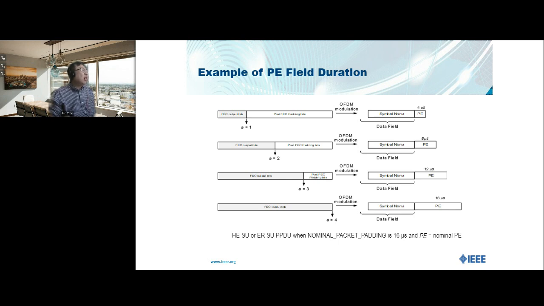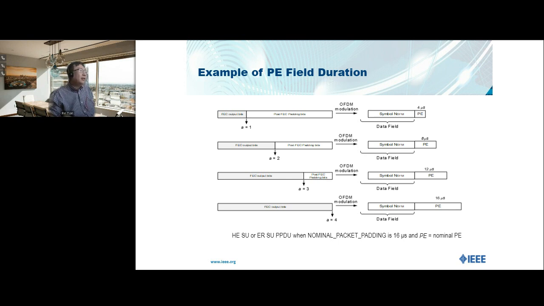So in other words, if MAC tells you, I need a nominal packet extension of 16 microseconds, and MAC tells you a is 1, basically saying pre-FEC padding only fills 1/4 of a symbol, then the transmitter will say, okay, there are 12 microseconds of post-FEC padding, so it can be used by the receiver. The total requires 16, so I only need to pad the 4 microseconds. So you only apply the 4 microsecond PE there.